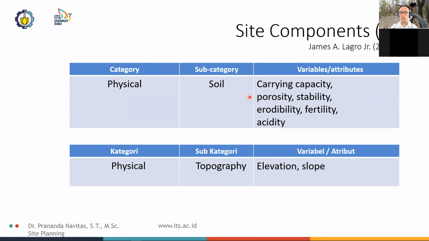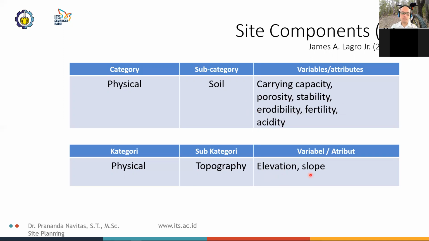Its porosity, its stability, how much does it risk erosion? Is it good fertile ground to grow crops and everything? Acidity levels, and so on. And perhaps a subcategory of topography: what's the elevation? What's the slope?